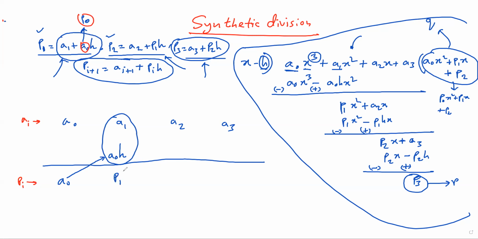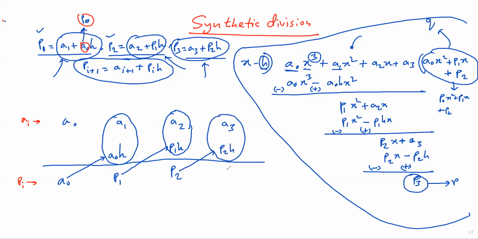Next, multiply this P1 by H to write P1H here, add these two to get A2 plus P1H, which is basically P2.